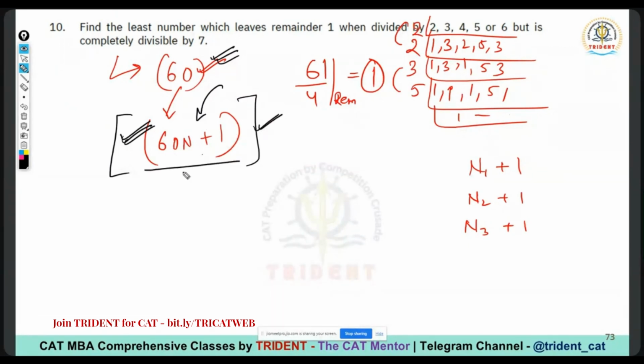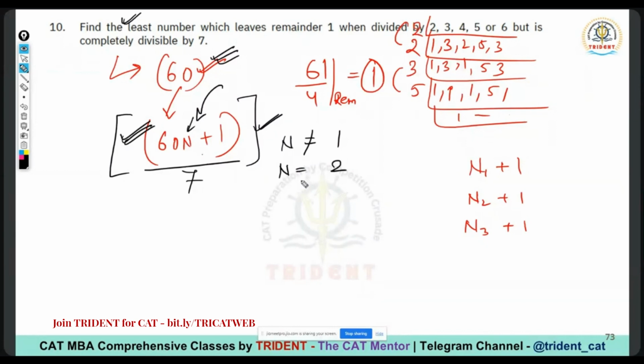And the question says when this is divided by 7, it is completely divisible. The least number I will only get when I satisfy this criteria. Substitute some values now, Varun, for n equals 1, 2, 3, 4, whatever. Is 61 divisible by 7? No. So n equals 1 doesn't satisfy. n equals 2. 121.